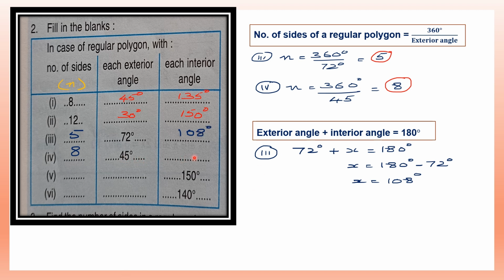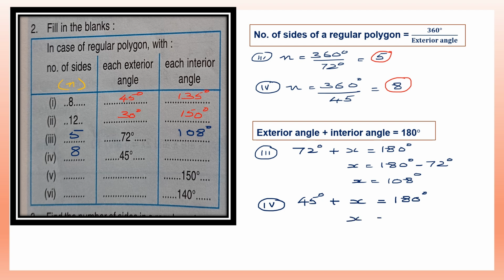Now let's find the interior angle for question 4. So for question 4 again, what do we say? Exterior angle plus the interior angle should be equal to 180. The exterior angle is 45 degrees and let's consider the interior angle to be x. Both together should add up to 180 degrees.